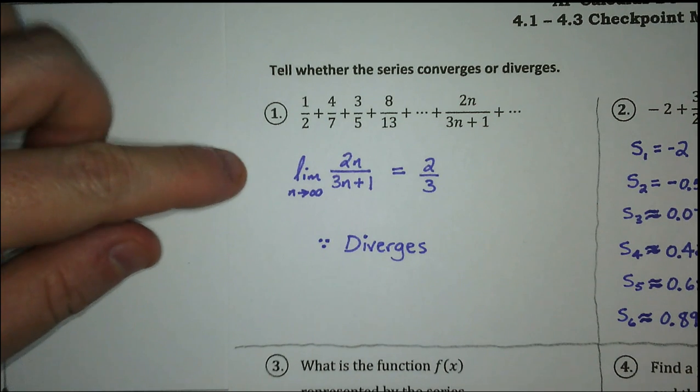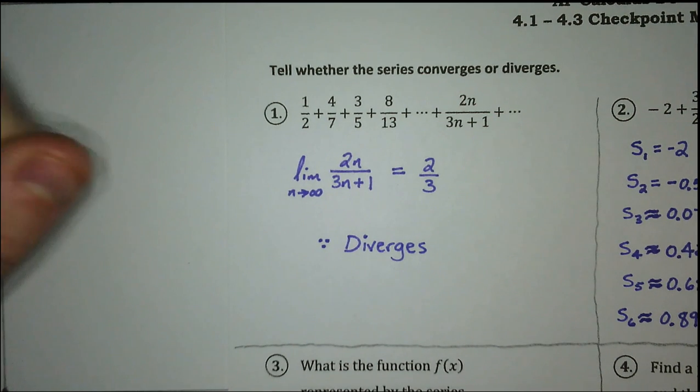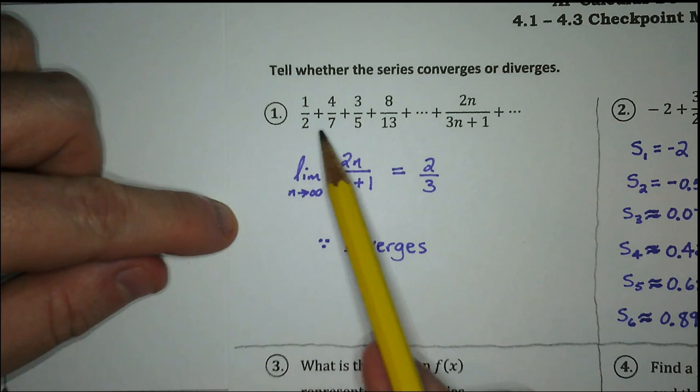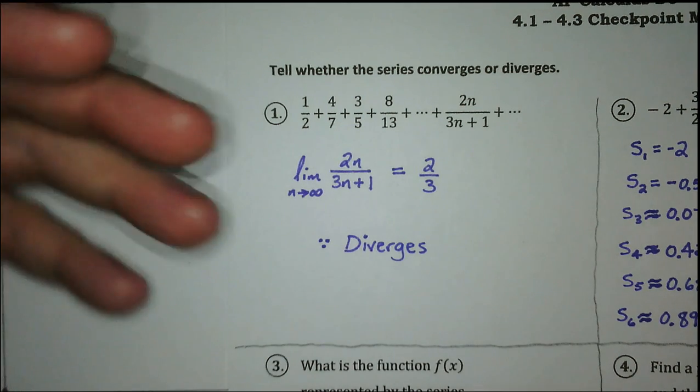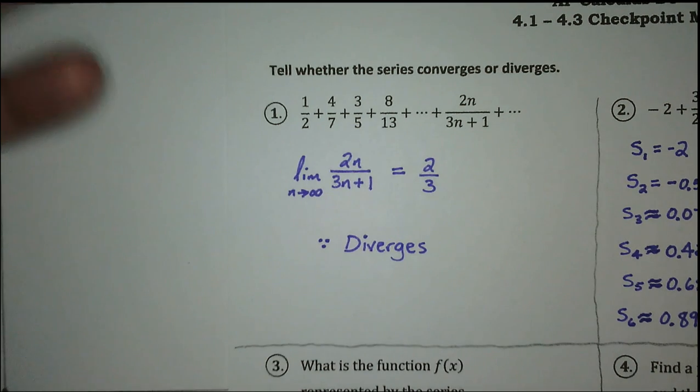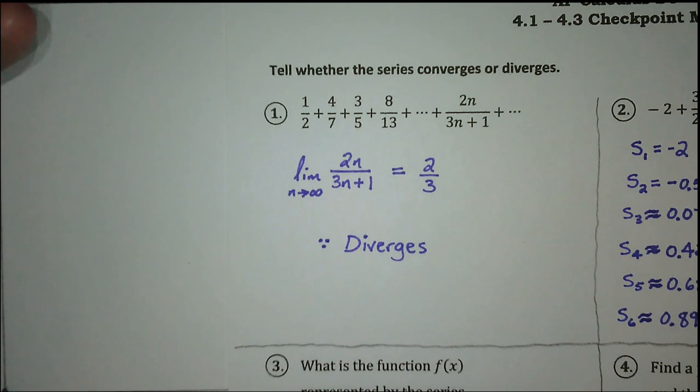So number 1, tell whether the series converges or diverges. So does this infinite sum actually add up to something, or does it just diverge to infinity or negative infinity, right? Or it just keeps blowing up, right?